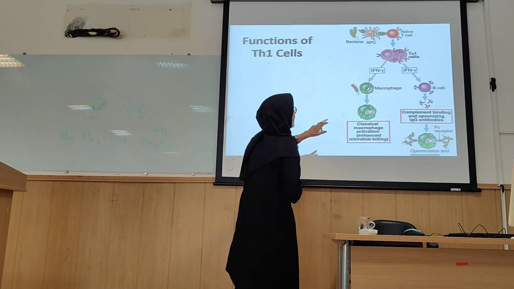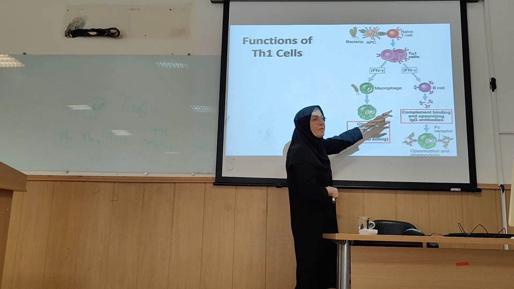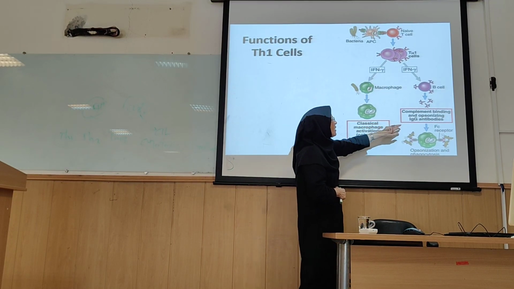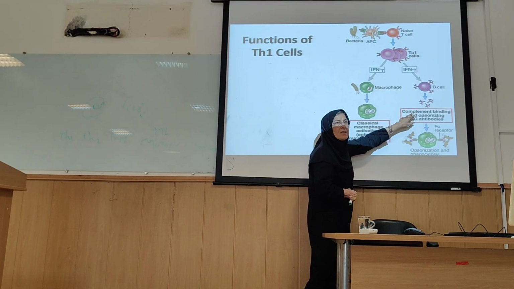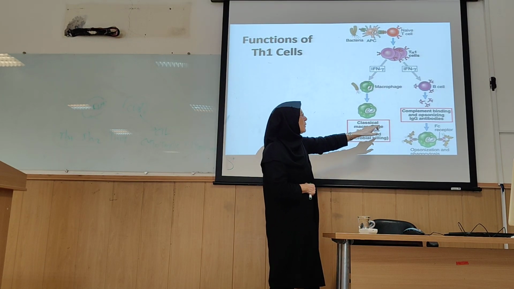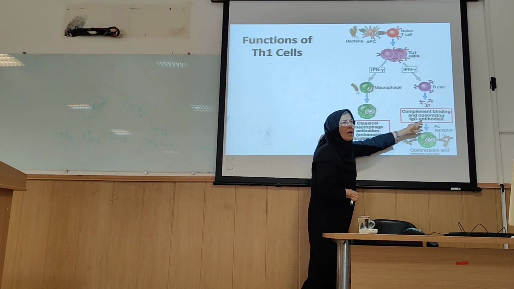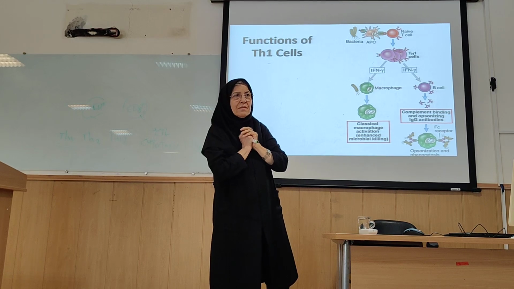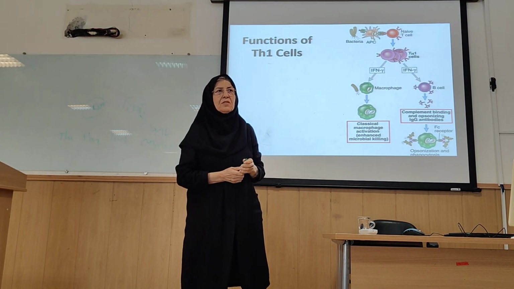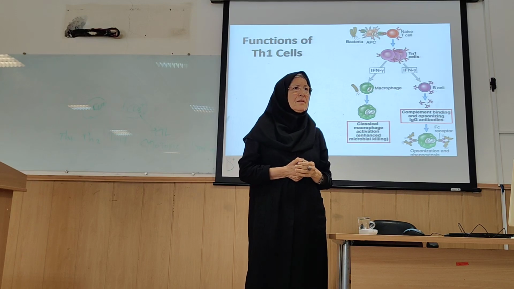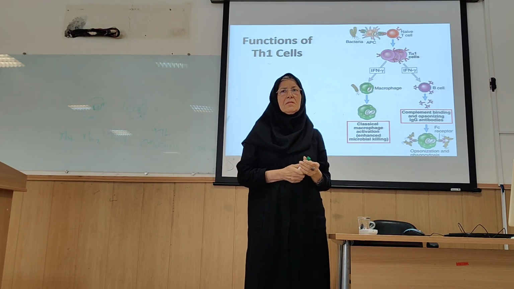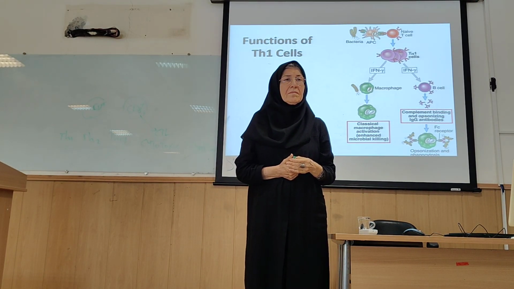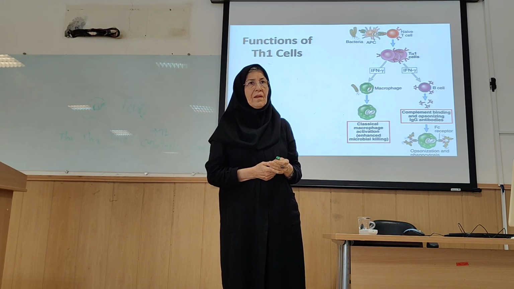Okay. Interferon gamma also can activate B cells, and B cells produce antibodies. Antibodies can activate the complement system and opsonize the microbes or neutralize the viruses. These are functions of antibodies. Do you know the functions of antibodies? Attached to the microbe and recognized by the macrophage to catch it.